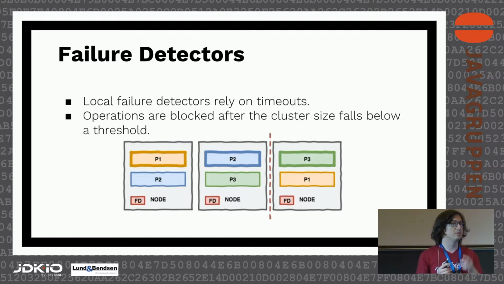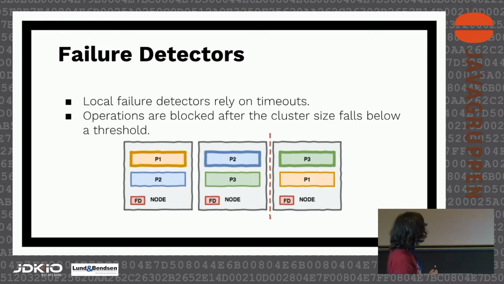And the idea is, we allow a primary replica to execute operations only if the size of the cluster reported by the failure detector is bigger than half of the size of the cluster. Otherwise, we just reject it. So this is basically the majority quorum idea, and it is also used in other systems like Cassandra and many other tools. So here I have a 3-node cluster, and my threshold is 2.